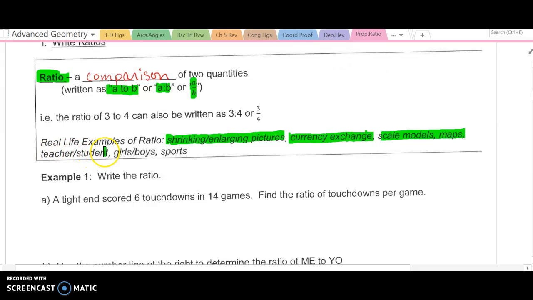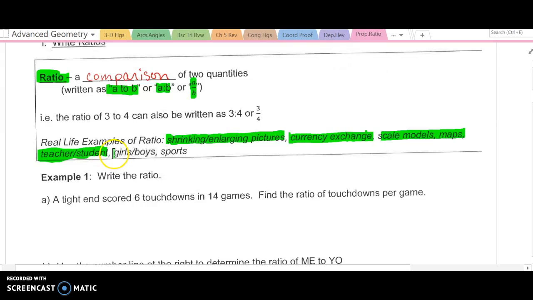When you go to look at colleges in the next couple of years, you're going to be real interested in that teacher to student ratio. You know, are there 300 students for every one teacher, or are there 14 students for every one teacher? Here at Episcopal, I believe it's an 8-to-1 ratio, 8 students for every one teacher. So it kind of tells you what size your classes are going to be. And so that's helpful when you're looking at colleges.